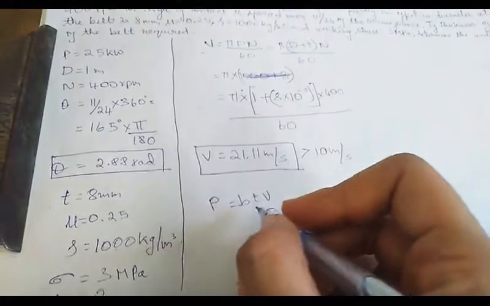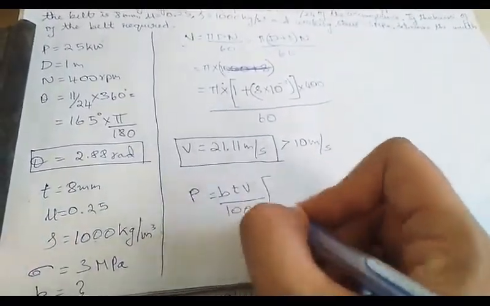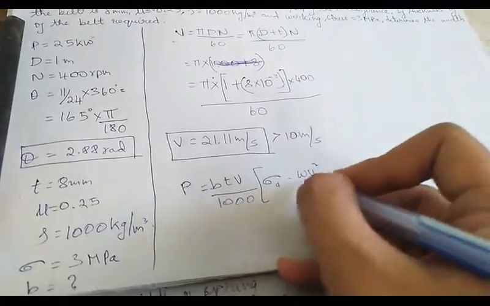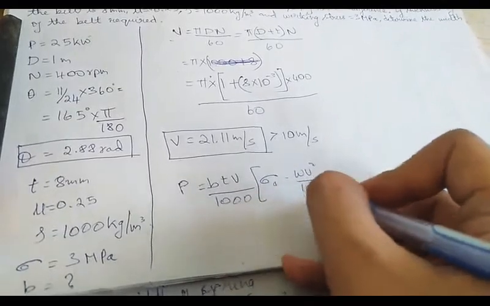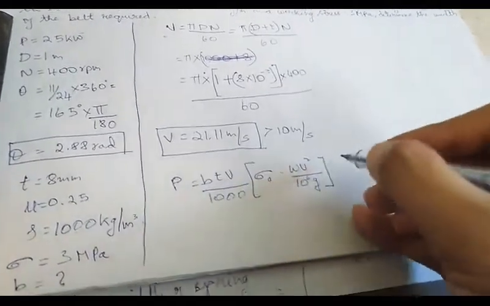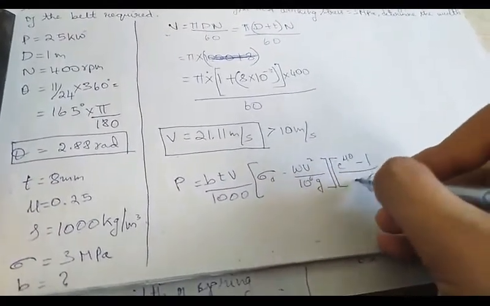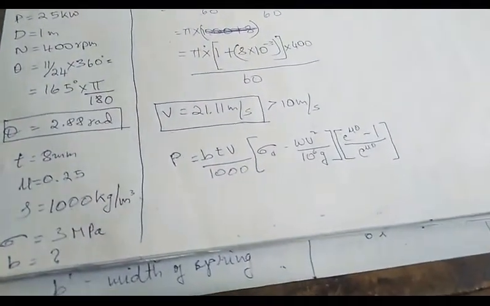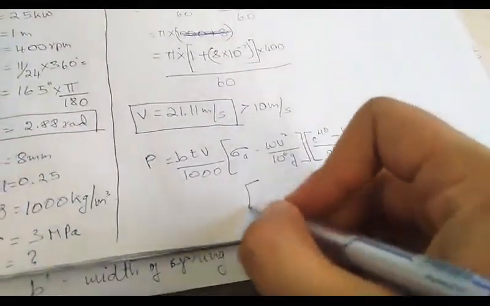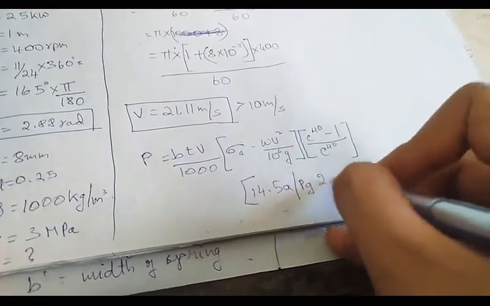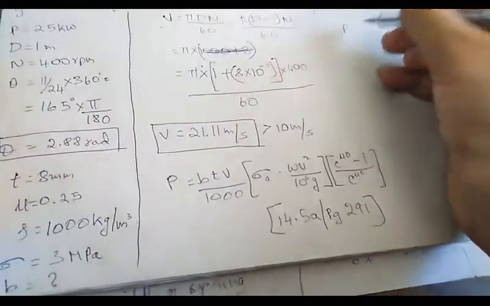So power P is equal to BTV by 1000 sigma D minus WV square by 10 power 6 G into e power mu theta minus 1 by e power mu theta. So this formula is 14.5a, page number 291.